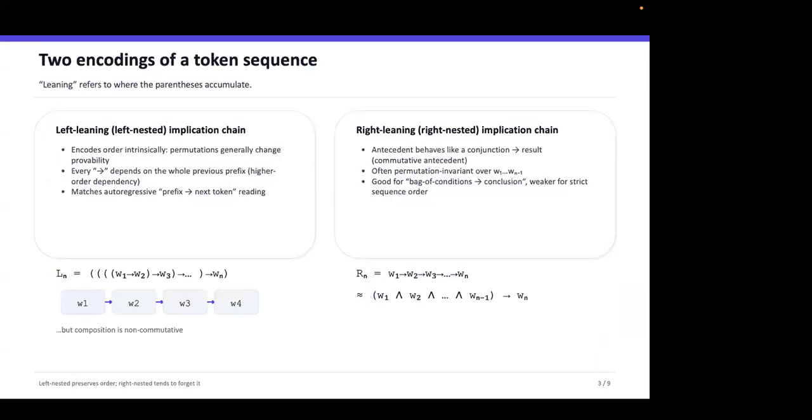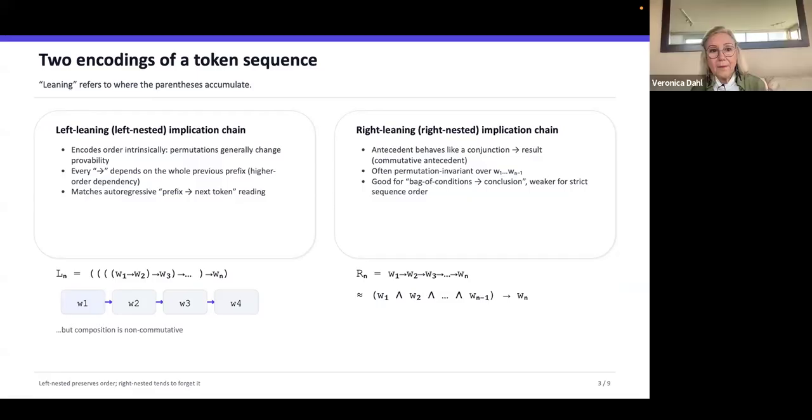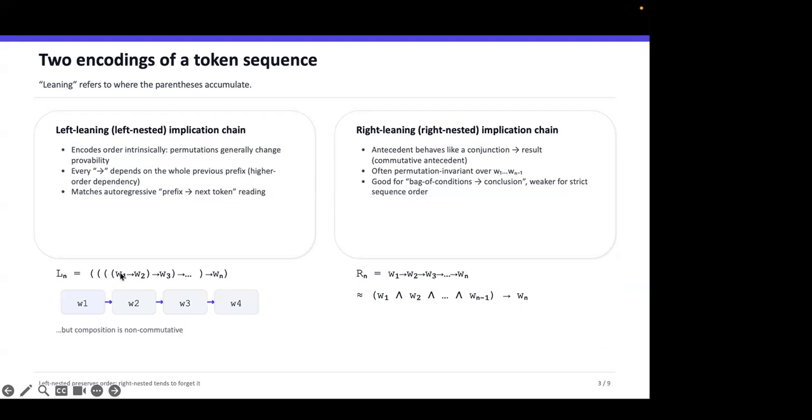So we have left-leaning and right-leaning nested implication chains. If you look at that sequence of words here, W1, W2, and so on, and the little implication symbols, you would see that, like in Prolog, implication is right associative.